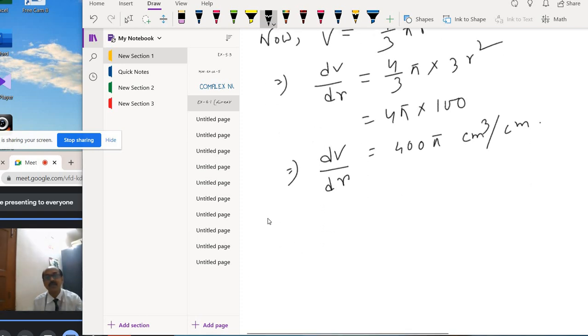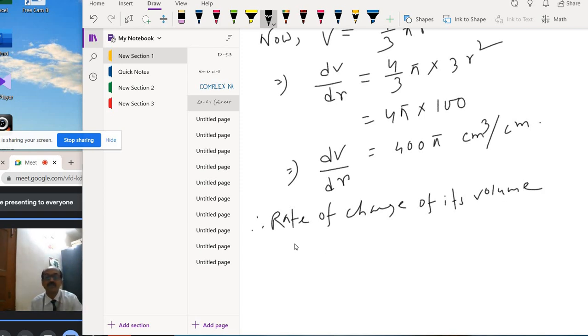Therefore, rate of change equal to 400 pi centimeter cube per centimeter with respect to radius. This is the answer.